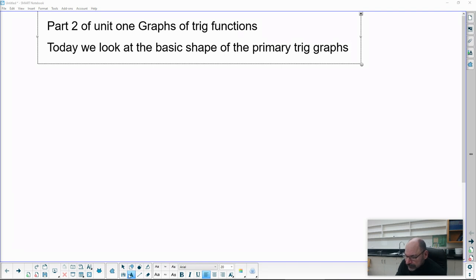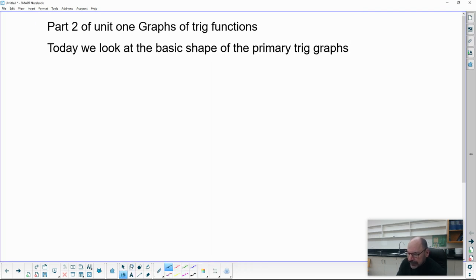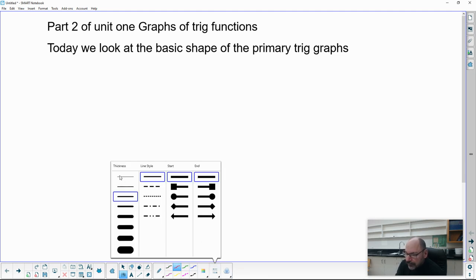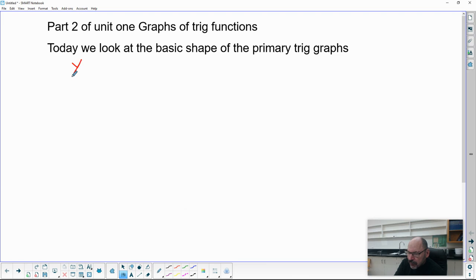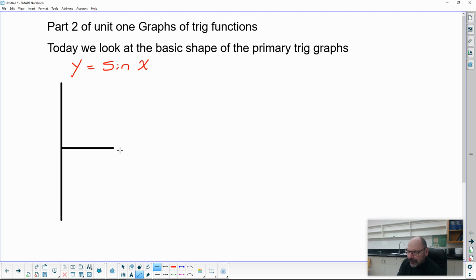Okay, so let's just do y equals sine x. We're going to draw an axis, a t-graph like this.